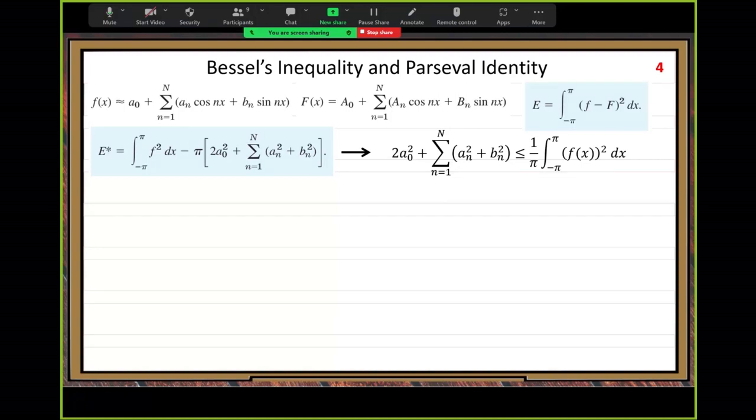So we translate this E star greater or equal to 0 into this formula.